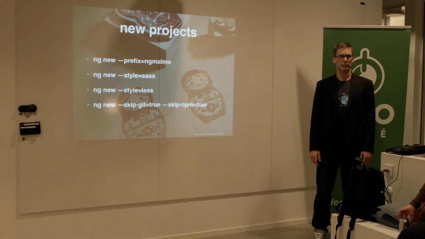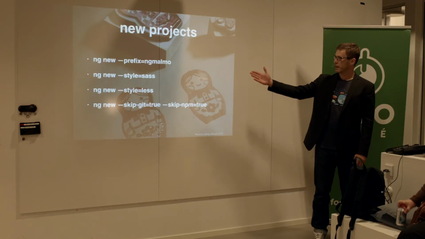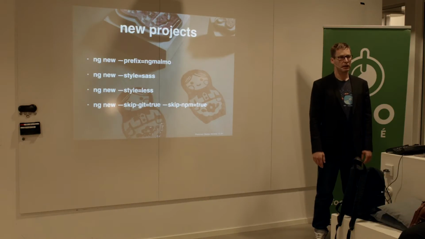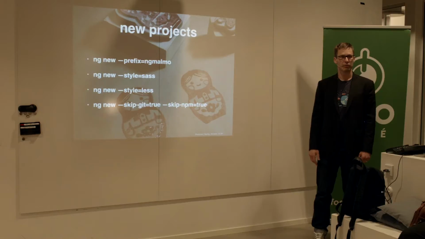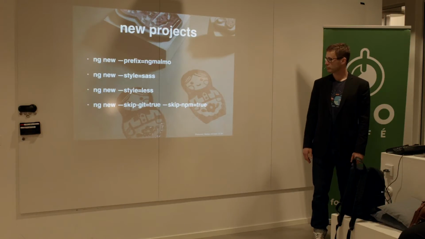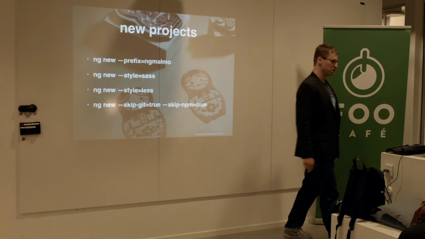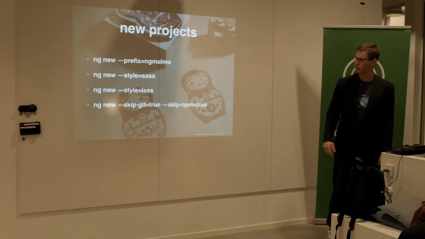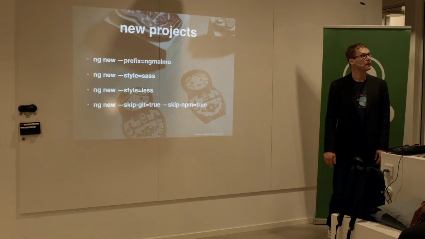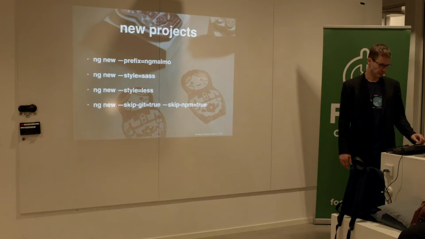It's good best practice. For Sass or Less, you just add a style property when you create your projects. And to speed it up, or if you don't want to use a new Git repository, you can skip those generations when you create your projects.